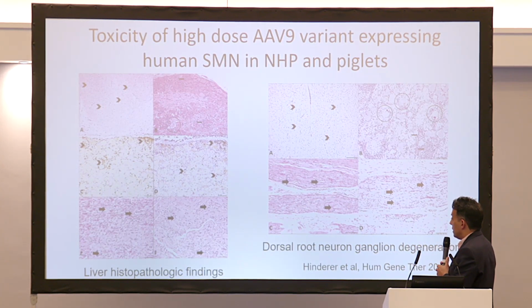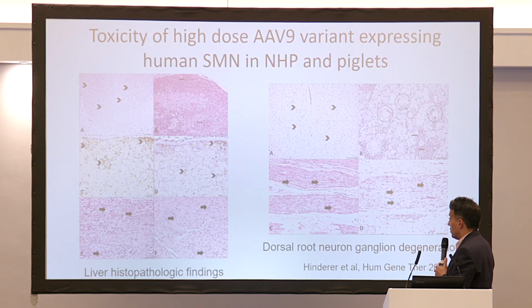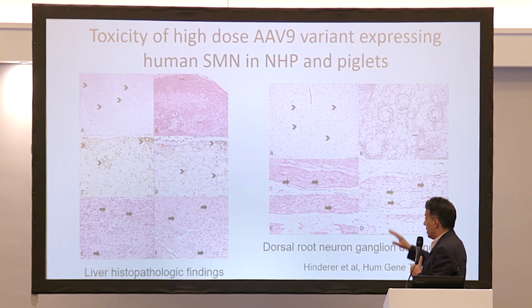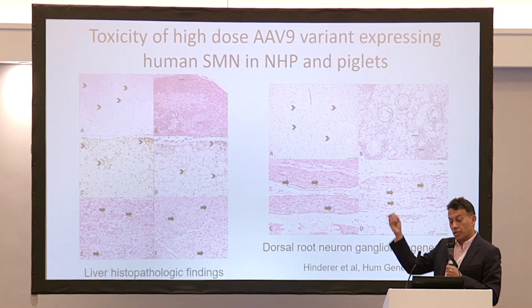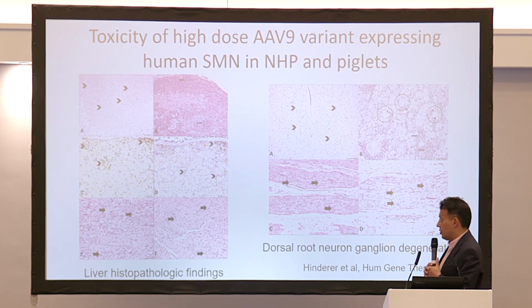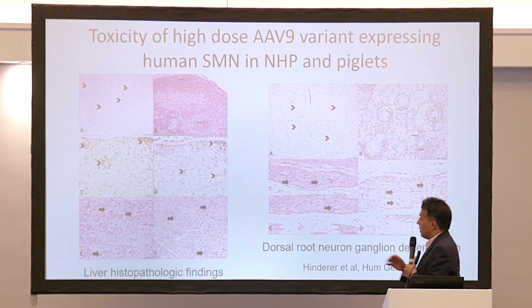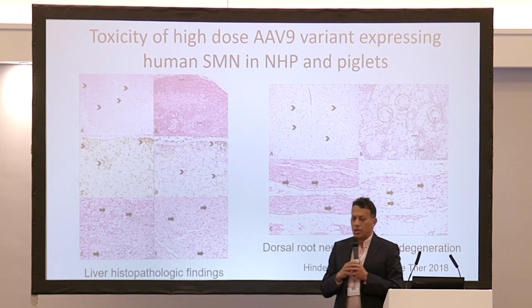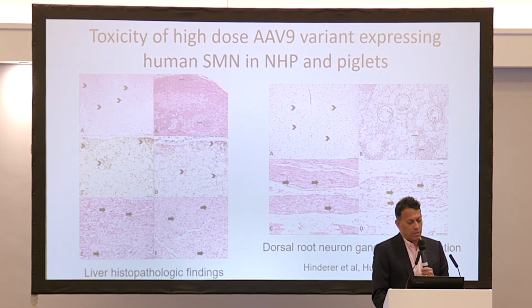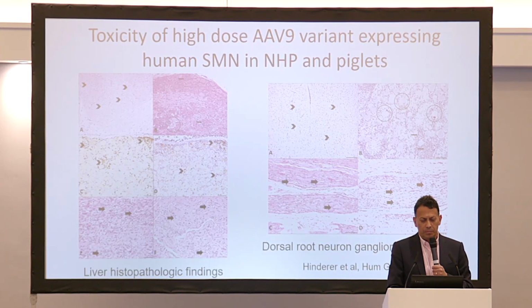At least in animals, there was a recognition that dorsal root ganglion, a structure next to the spinal cord, could show some inflammation. And also liver histology in animals was concerning for inflammation.